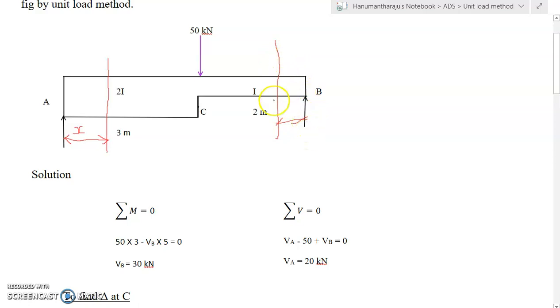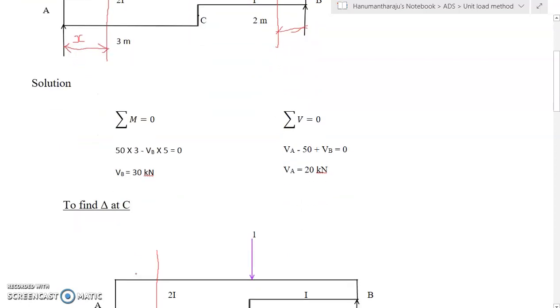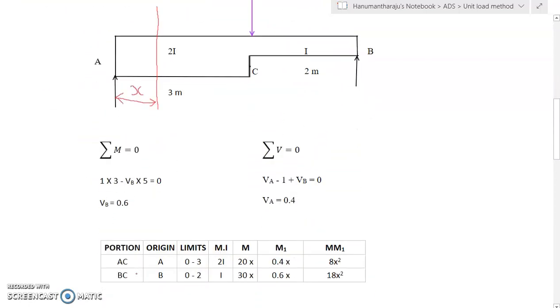Here VB into x produces an anticlockwise moment. To the right hand of the section, anticlockwise is positive, the sign convention we are following. VB is 30x. Therefore, M is 30x for portion BC.